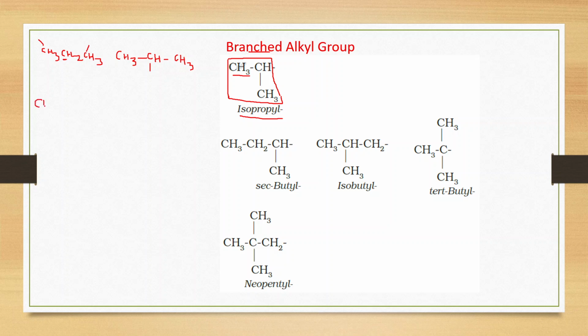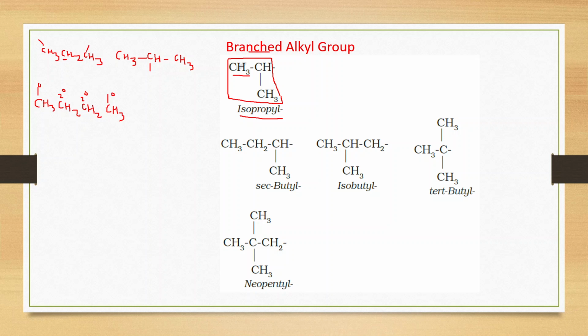Now come to butane. This is CH3, CH2, CH2 and CH3. Clear? Now we already discussed that this is primary carbon, this is also primary carbon, this is secondary carbon and this is secondary carbon. If a hydrogen atom attached to any primary carbon atom is removed, then whatever alkyl group is obtained is called butyl.